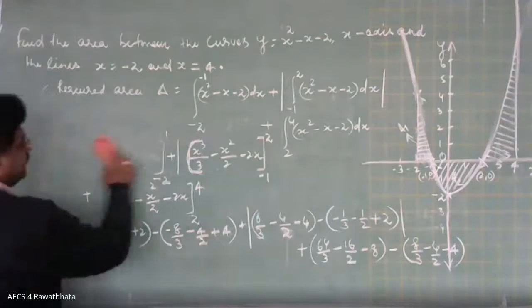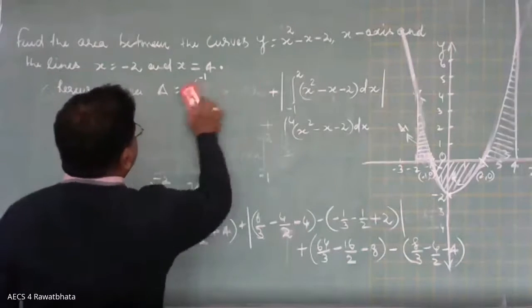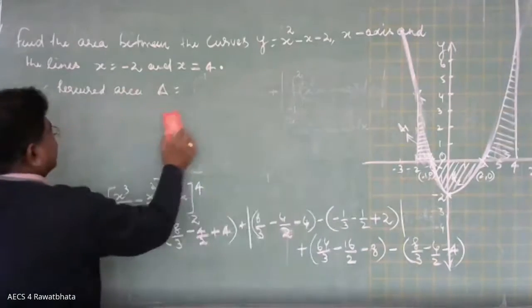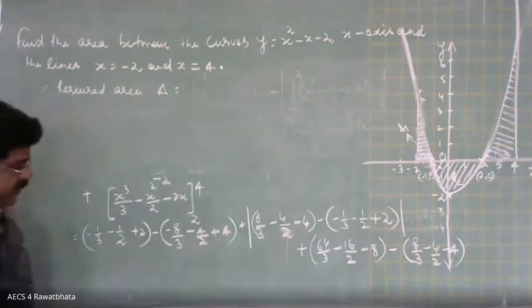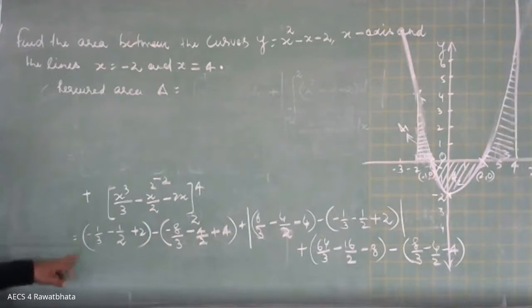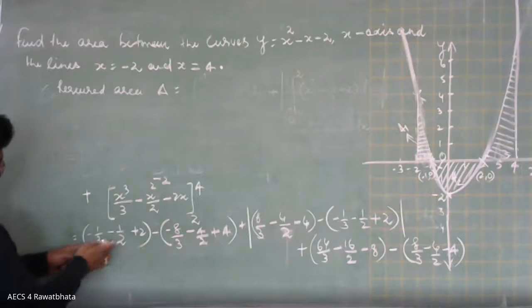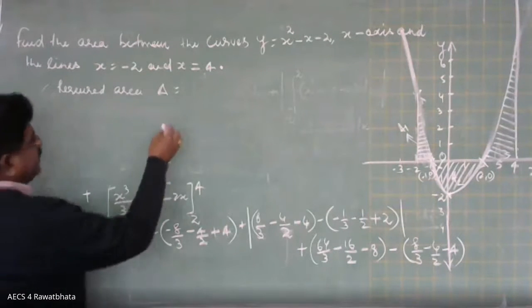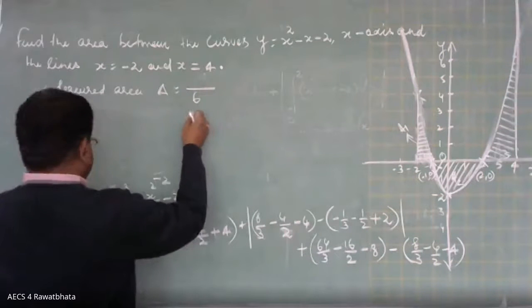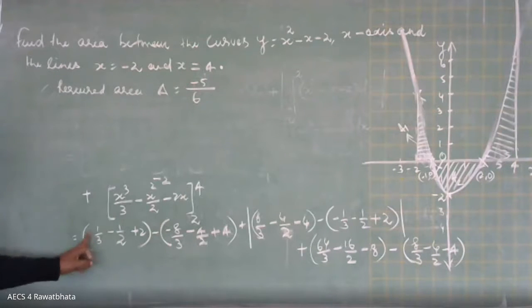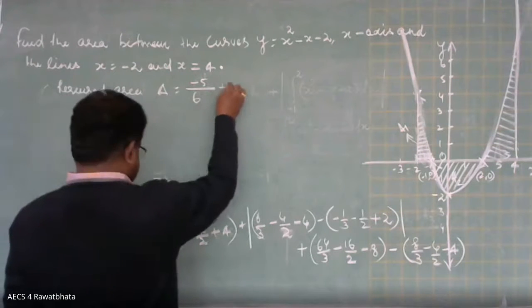Now this we will remove. Yes, we can simplify it. Minus 1 by 3 minus 1 by 2: both are negative, so it is minus 5 by 6 plus 2.